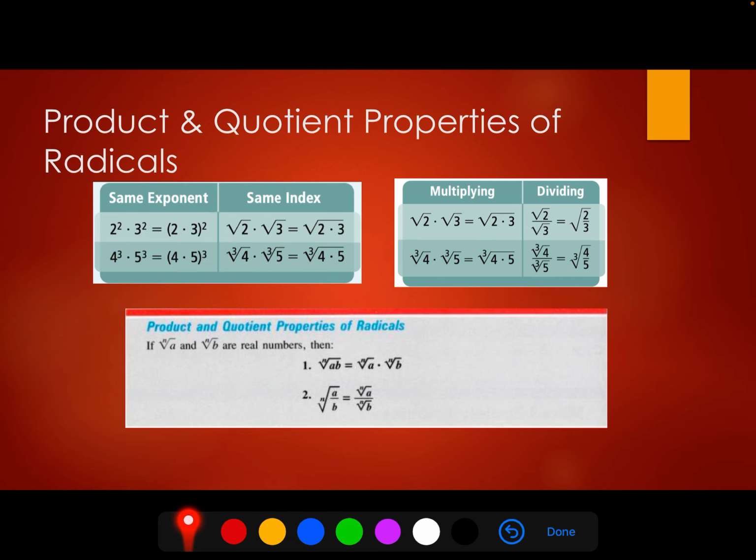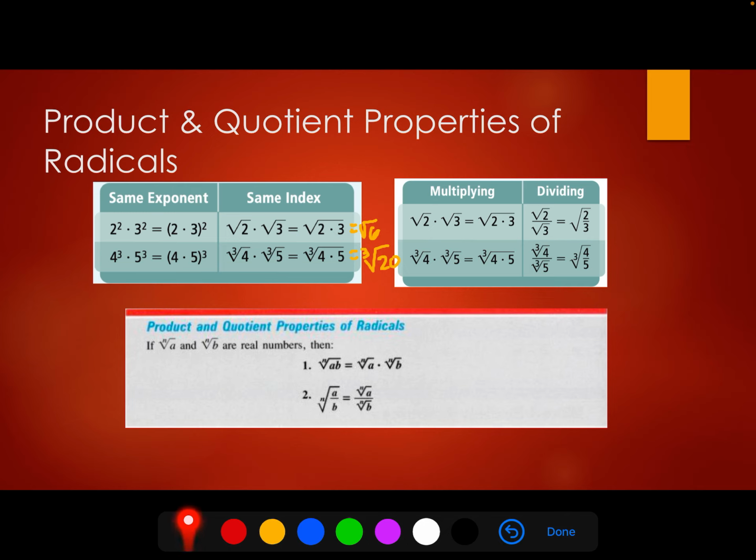So here, the square root of 2 times the square root of 3 is the same thing as the square root of 2 times 3, which would just give you the square root of 6. You can do the same thing for the cube root. We have the cube root of 4 times the cube root of 5. That's equal to the cube root of 4 times 5, which is equal to the cube root of 20.